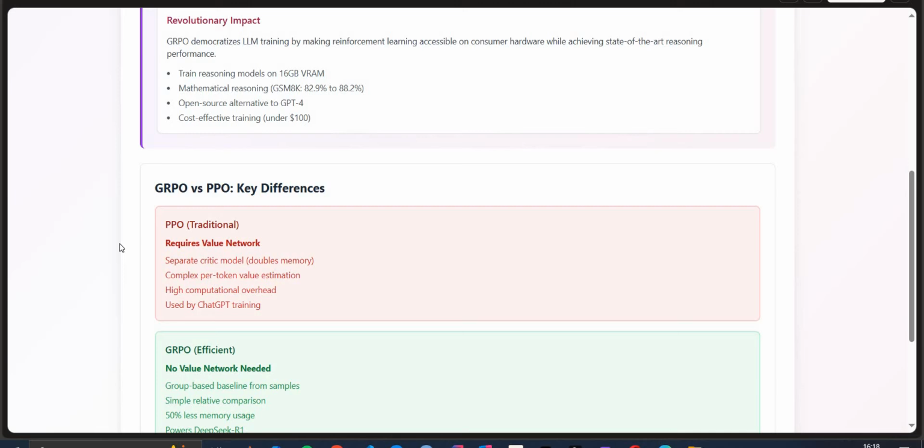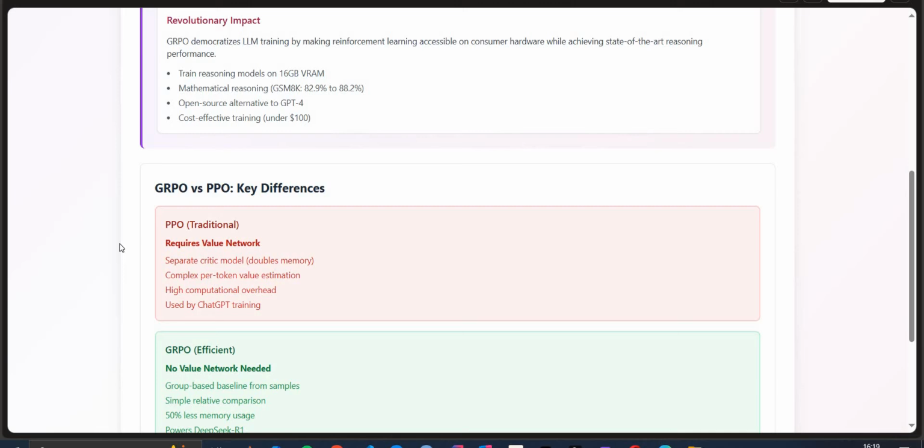Let's talk about its impact. GRPO makes reinforcement learning accessible to a lot more people because it can run on standard hardware. Models trained with it, like DeepSeek Math, showed clear improvements in reasoning benchmarks.